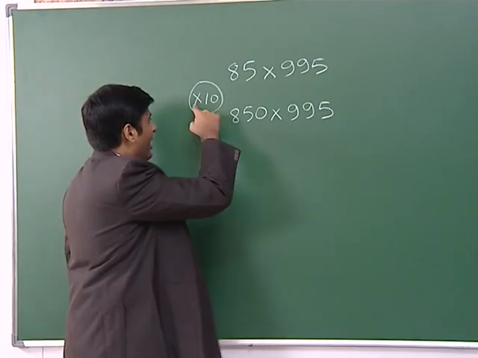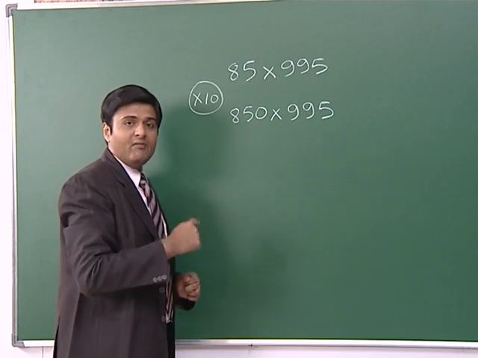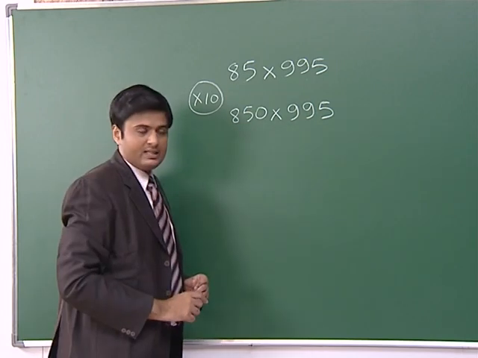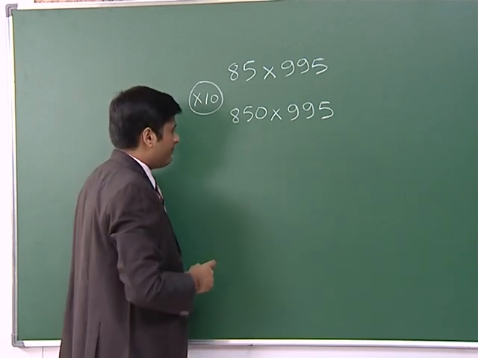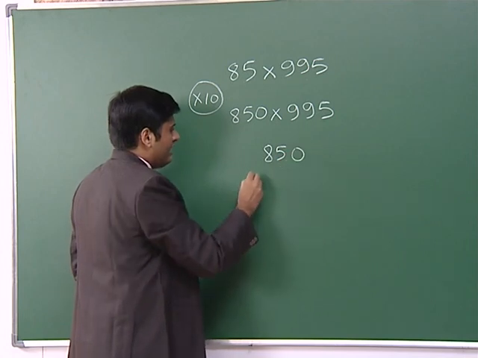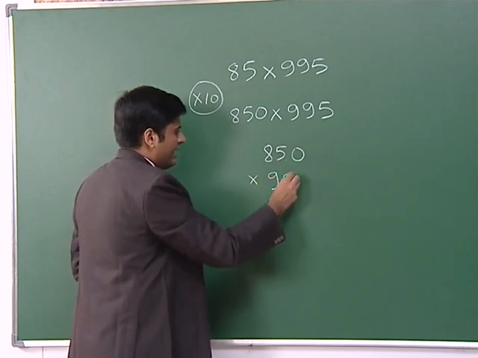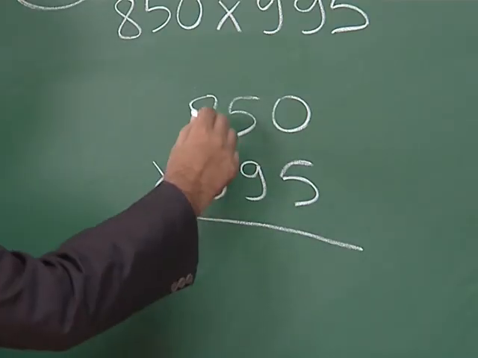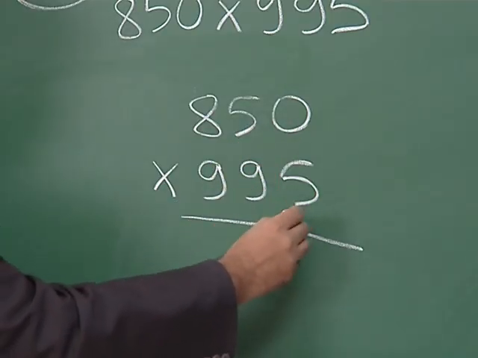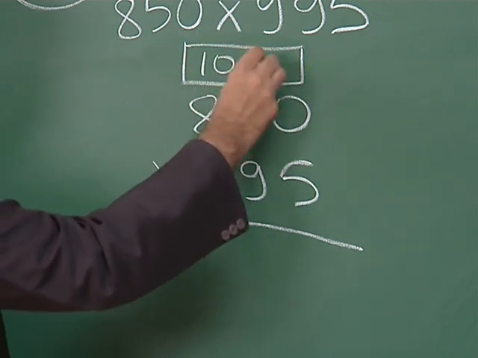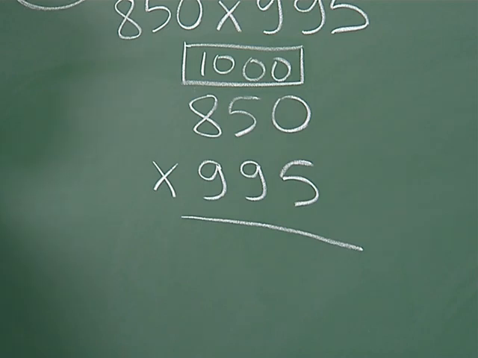But since I have multiplied by 10, I will divide the answer by 10 again to get the original answer. Let us see how this is done. I have to multiply 850 with 995. Now both 850 and 995 are closer to 1000. So our base in this case will be 1000.